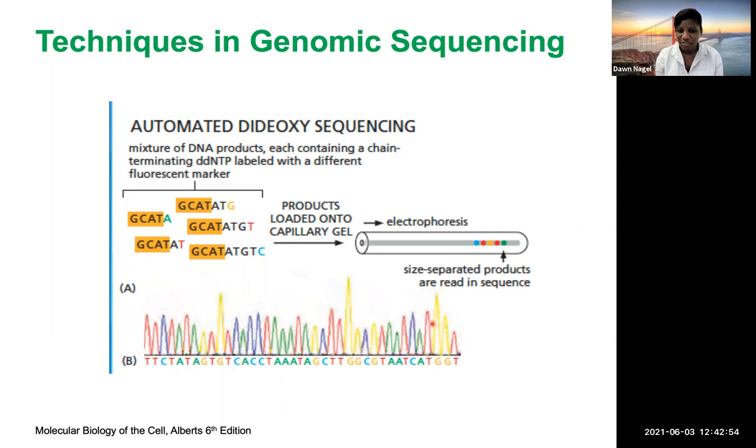So it makes it much faster. You can sequence much more. You can also pool all of your DNA, or whatever you're sequencing, into a capillary that gets read very quickly by scanning. So this is the method that we use today, but it's the same information that you would get from looking at a gel.